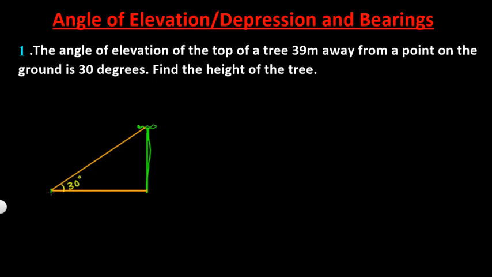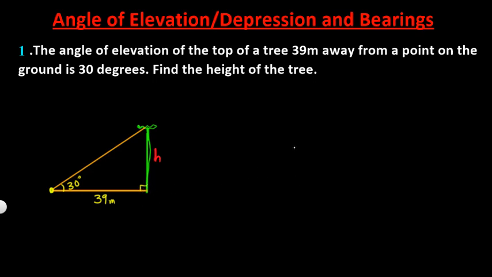This is the point, and this is the top of the tree. The tree is 39 meters away from the point. That's the distance between them. Then the question is asking us to find the height of the tree. To do this, this has become a right angle triangle.